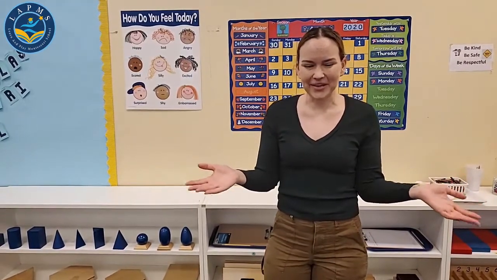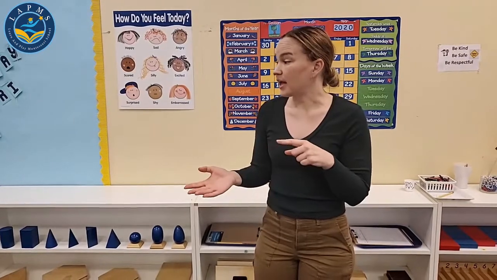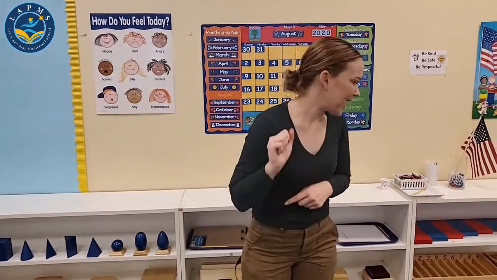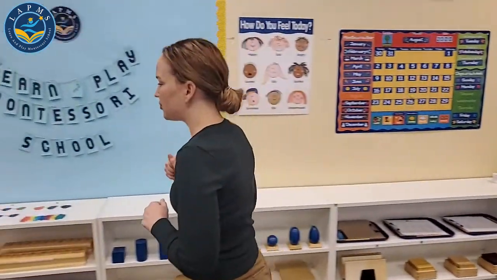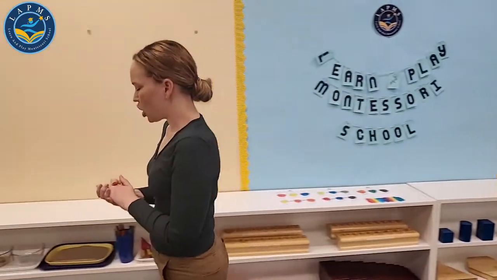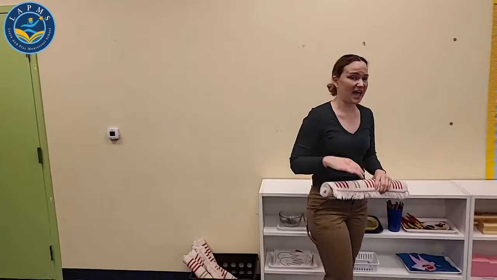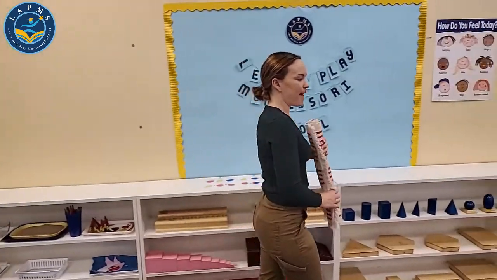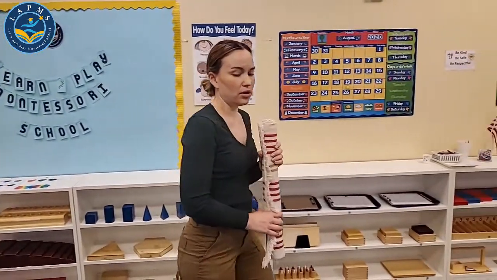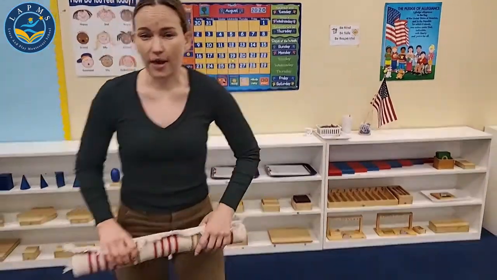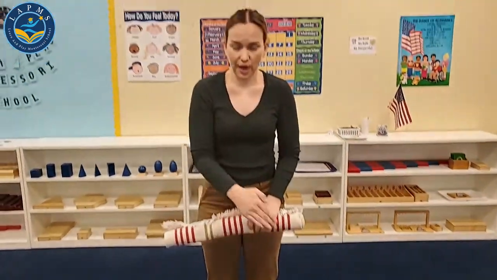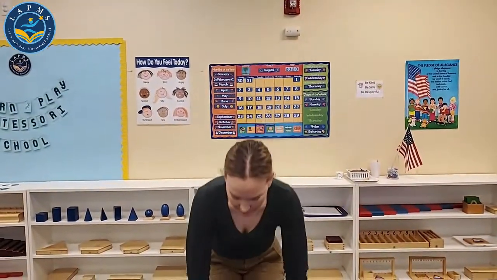Yeah, we do. Okay, let's go ahead and get 2 mats. I'm going to use my 2 mats. So I'm going to pick my 1 mat up and then I'm going to come back for the next. Now when we're doing math, sometimes we will roll our mats out vertically instead of horizontally.